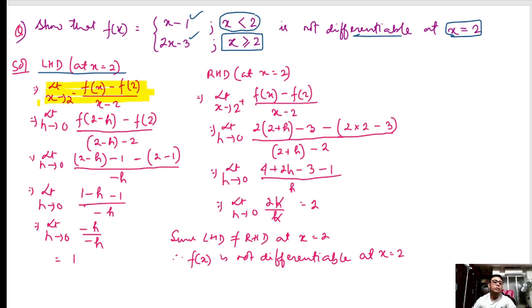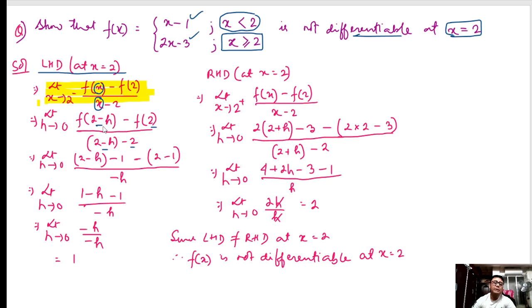Then I will write h tends to 0, and in place of x I will write 2 minus h: f(2 minus h) minus f(2) by 2 minus h minus 2. In place of x I will put 2 minus h because it is less than 2. So h tends to 0.